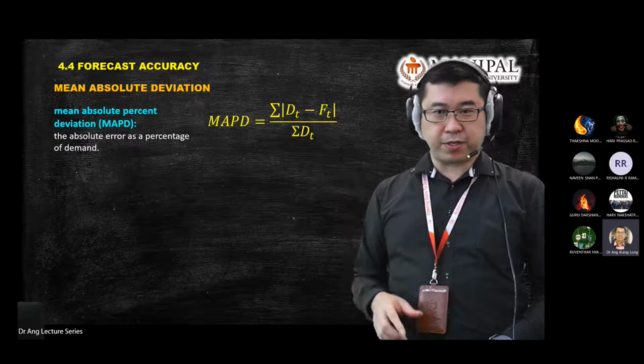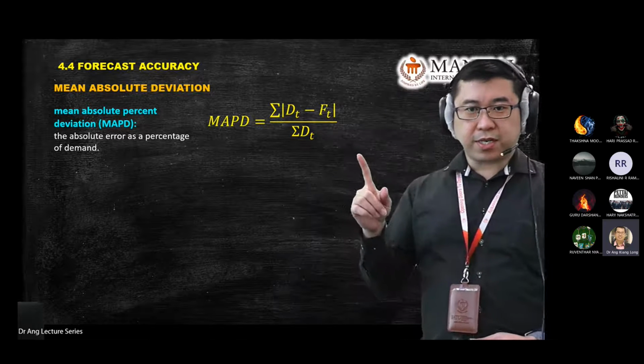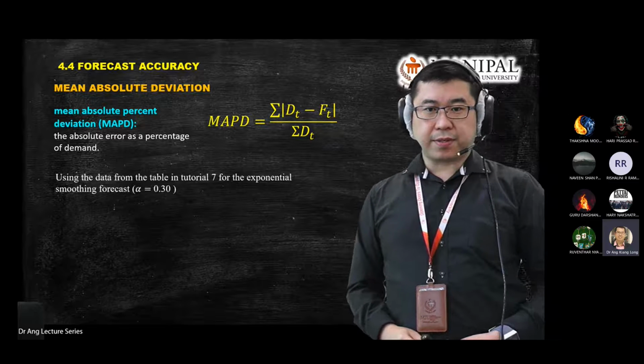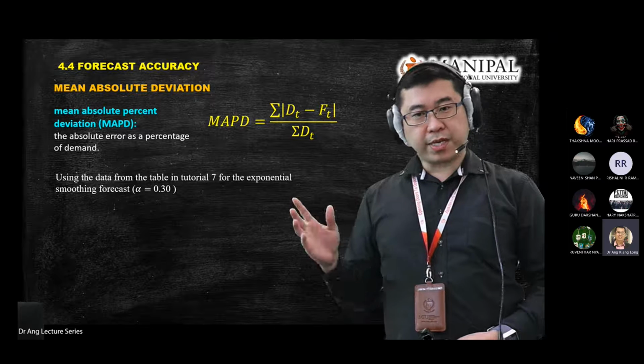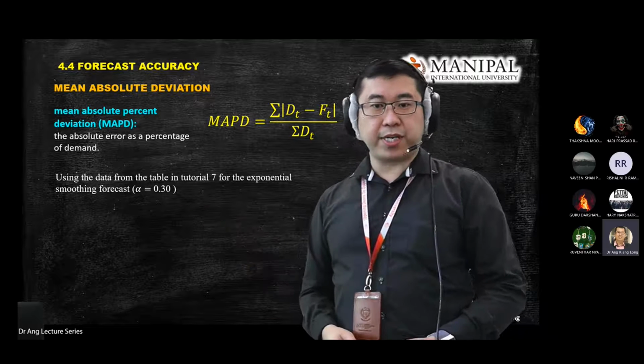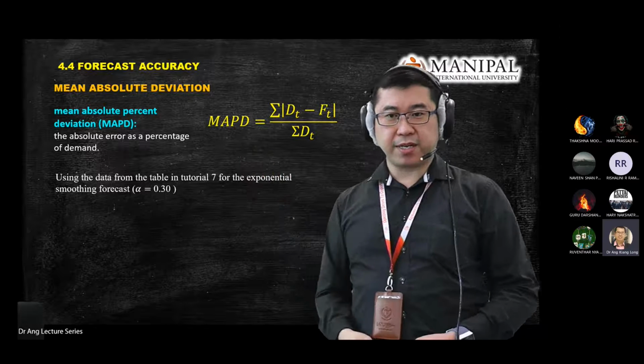Okay, copy this equation. We're going to look at one tutorial question using this MAPD. So again, we're going to use tutorial number 7 for alpha 0.3, just to see what this MAPD can give you.